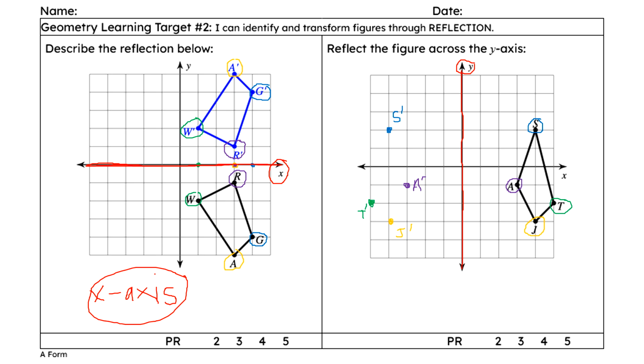So let's see here. 1, 2, 3, 4. So what I want to make sure is that my mirrored image is in fact congruent, or a photocopy, of my original shape. I want the lengths in between all of the points to be the same.